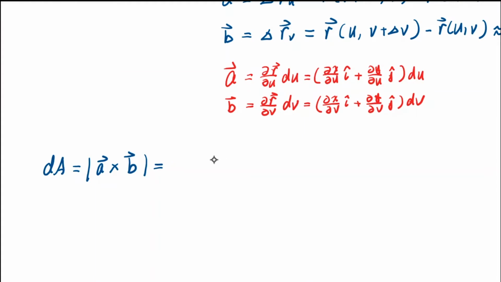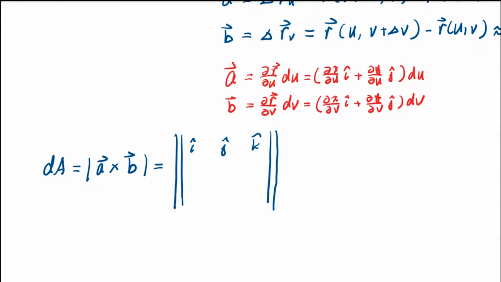So that is ijk. We are crossing these two, right? So we'll have i, j, k, determinant, and then we have to take the absolute value of that, like that. That's ugly.